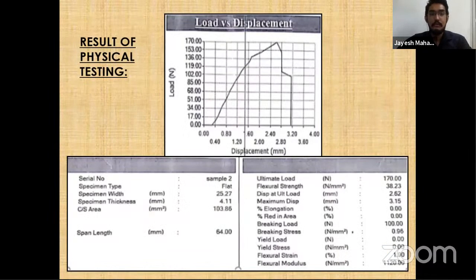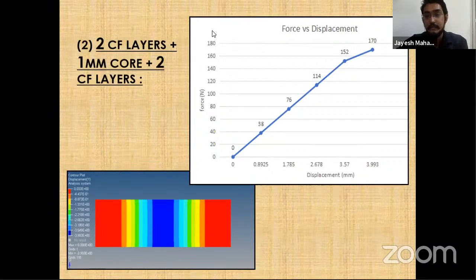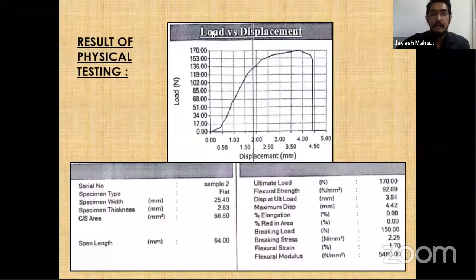So you are validating your software analysis with the physical test, and you can go on with it. Now the second one I have tested is 2 CF layers plus 1 mm core material plus 2 CF layers, and it gives a displacement of 3.99 mm at 170 newtons. Its physical testing results: at the ultimate load of 170 newtons, you get a displacement at ultimate load of 3.84 mm.